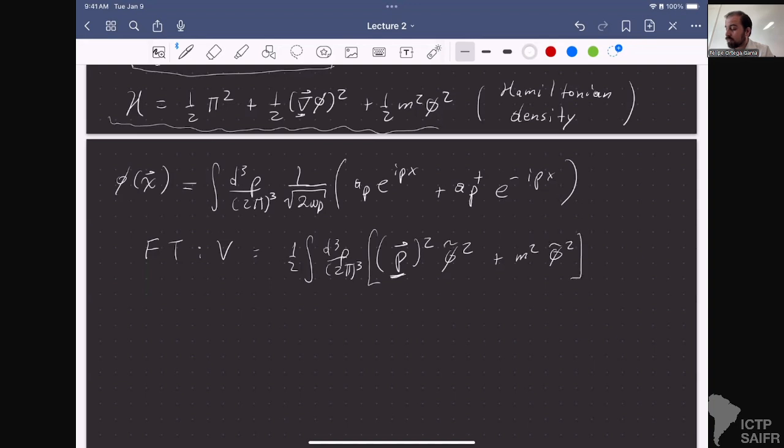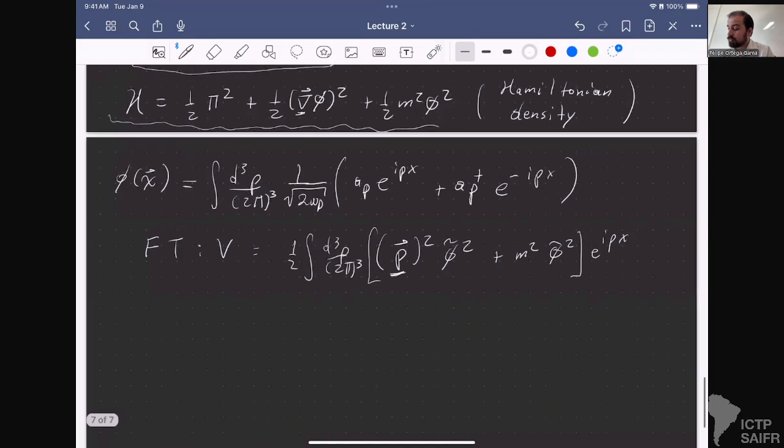The Fourier transform is a factor of e to the ipx. So this omega p is going to be equal to the square root of p squared plus m squared. Okay?